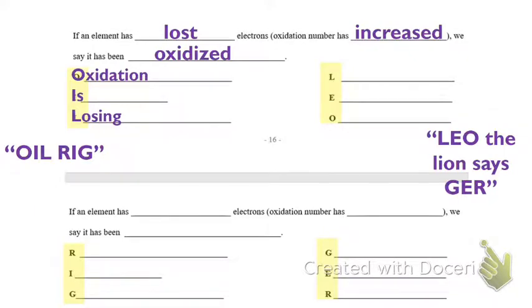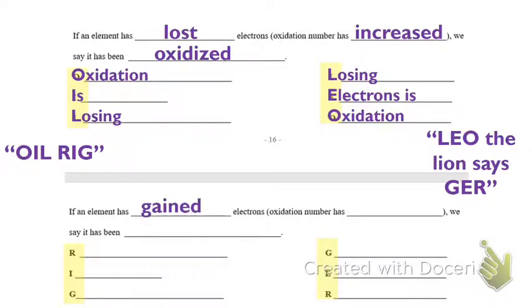But it tells us very specifically, oxidation is losing, but losing what? And so I like Leo the lion says GER, because even though it's a little bit longer of a saying, it's more specific. The LEO part says losing electrons is oxidation. So, you see, it tells you the same information, but the OIL RIG one, you have to remember what you're losing. Don't think you're losing charge, that your oxidation number is going down. You're losing electrons. So, that's oxidation.